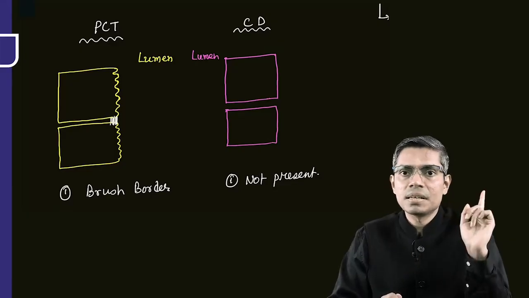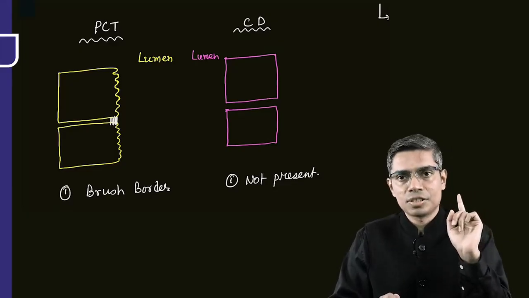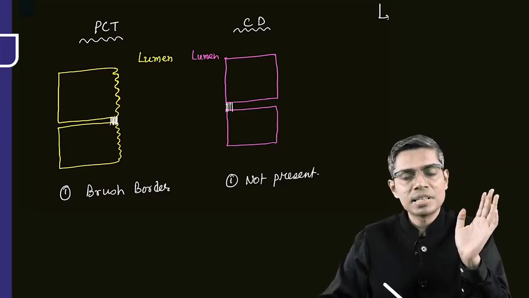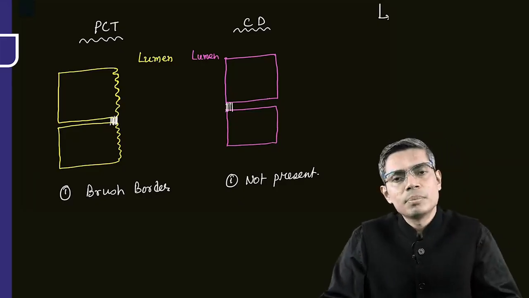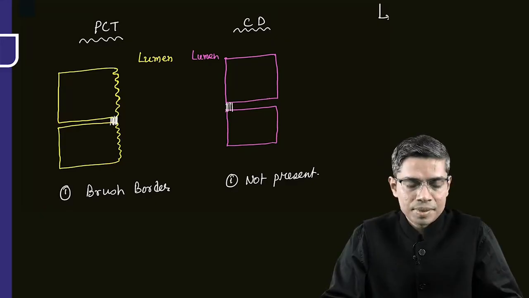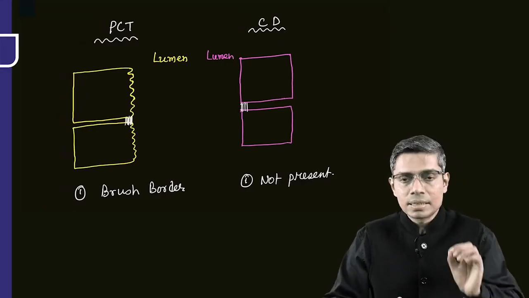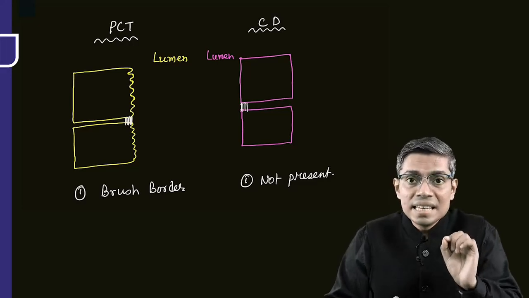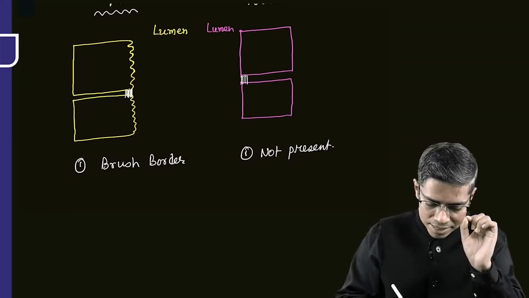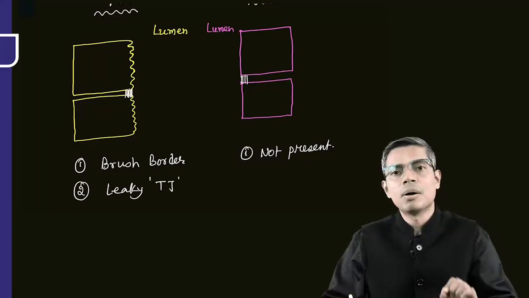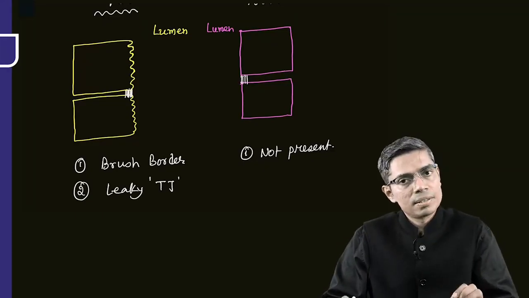This has been discussed in general physiology. So tight junction will be present at the level of collecting duct epithelium cell also and in between the proximal tubular cells also. But in the proximal tubular cell, the tight junction is leaky in nature. So I am writing here, the leaky tight junction is present at the level of proximal tubular cell.